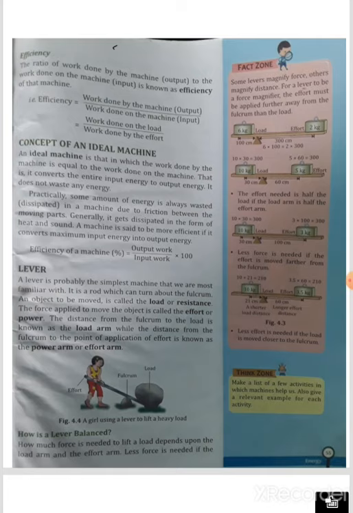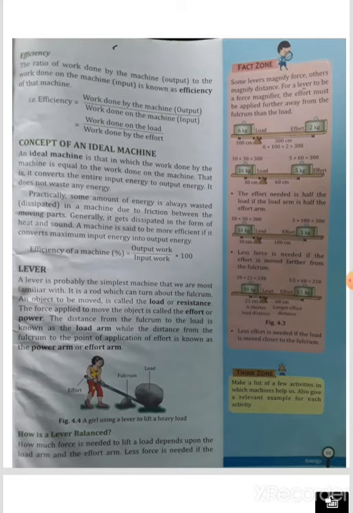Then comes efficiency. What is efficiency? Efficiency is the ratio of the output to the input: how much work the machine has done for you and how much work you have done on the machine. The ratio of these two gives you the efficiency. What is input?